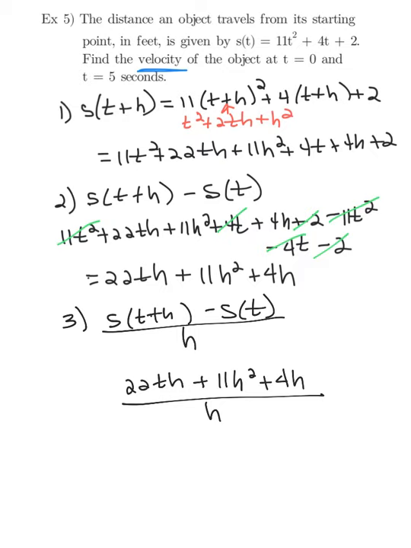There is an h in every term, so we're going to take out the smallest power. We're going to take out 1h from each term, which will leave us 22t plus 11h plus 4.